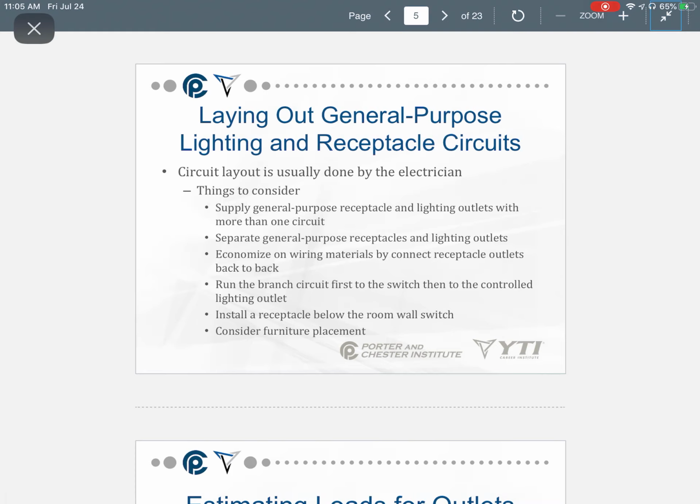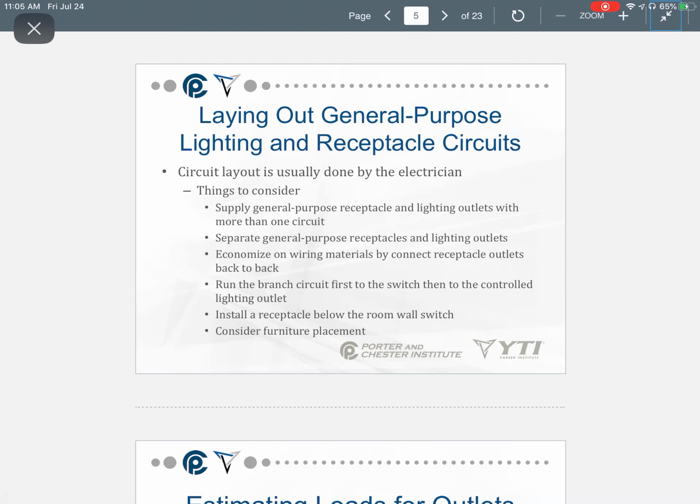So receptacles and general lighting tend to get lumped together. You'll see this later on when we get into doing load calculations. When we do a general lighting load, for instance, the receptacles are included in that. And the reason being is because we're plugging lamps and things into the convenience outlets, so they kind of lump together.